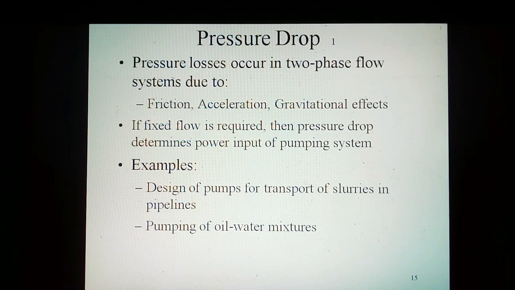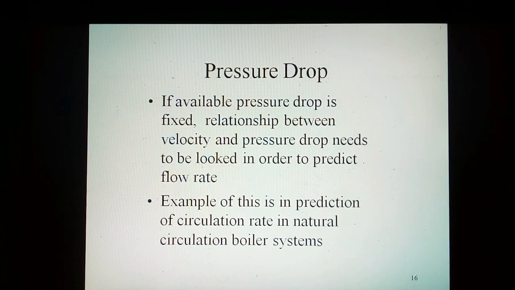If a fixed flow is required, then the pressure drop determines the power input of the pumping system. Here, examples are the design of pumps for the pipeline transport of slurries, or for pumping of oil-water mixtures. If the available pressure drop is fixed, the relationship between velocity and pressure drop needs to be invoked in order to predict the flow rate. An example of this latter application is in the prediction of the circulation rate in a natural circulation boiler system.